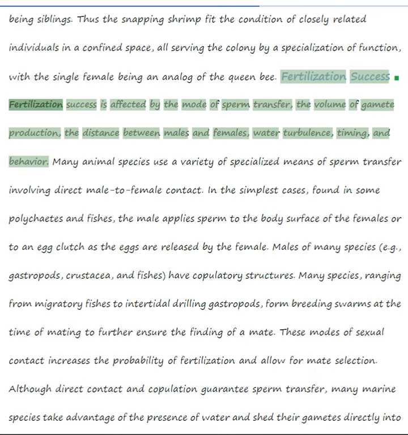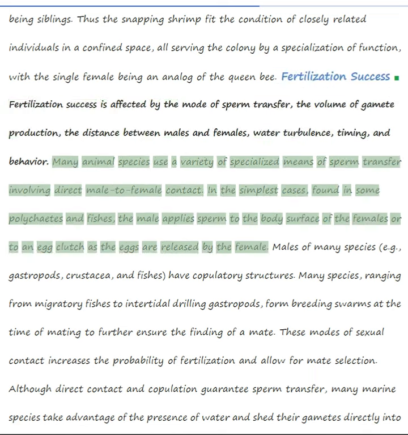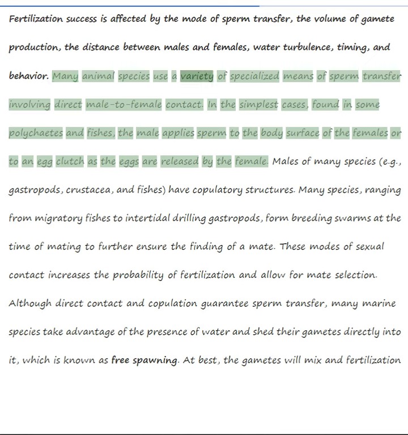Fertilization success is affected by the mode of sperm transfer, the volume of gamete production, the distance between males and females, water turbulence, timing, and behavior. Many animal species use a variety of specialized means of sperm transfer involving direct male-to-female contact. In the simplest cases, found in some polychaetes and fishes, the male applies sperm to the body surface of the females or to an egg clutch as the eggs are released by the female.